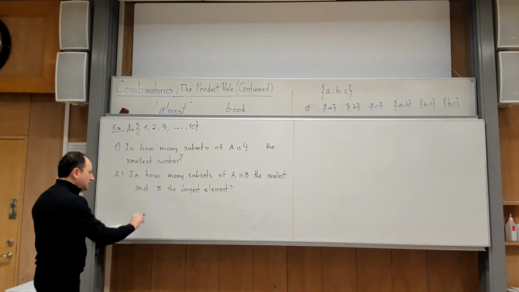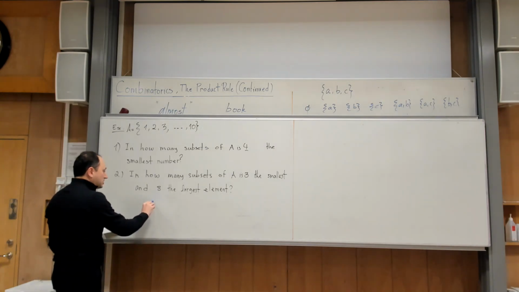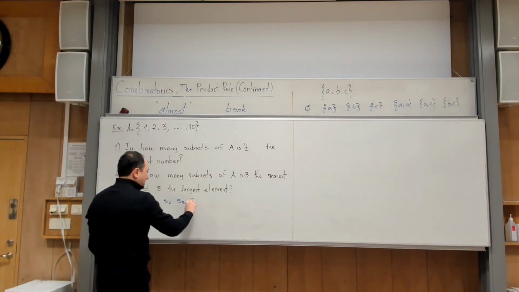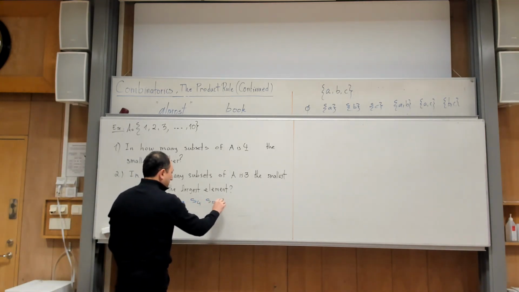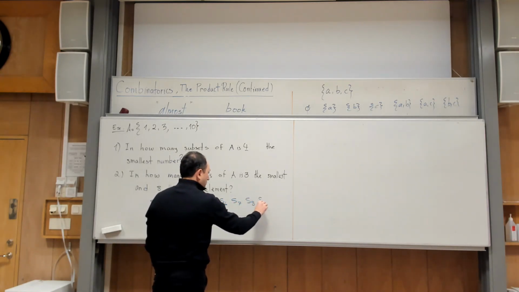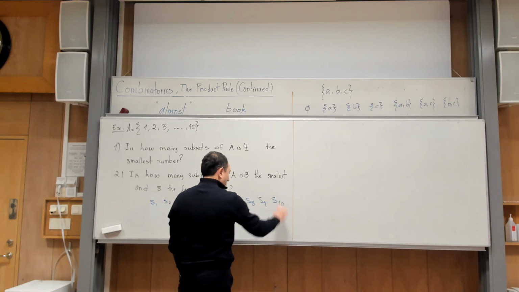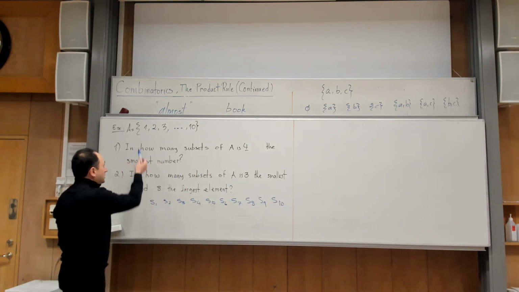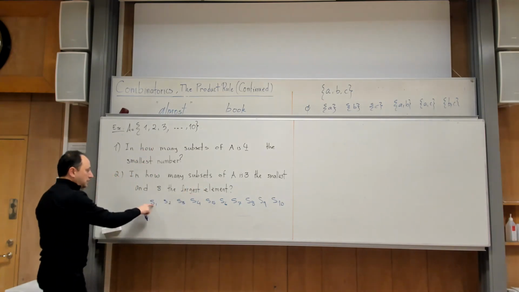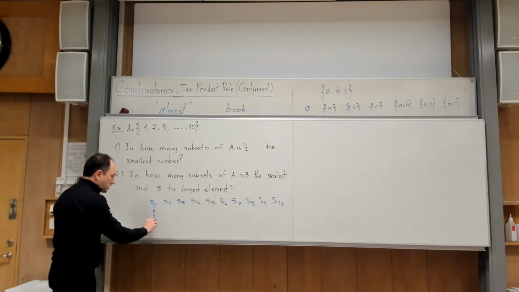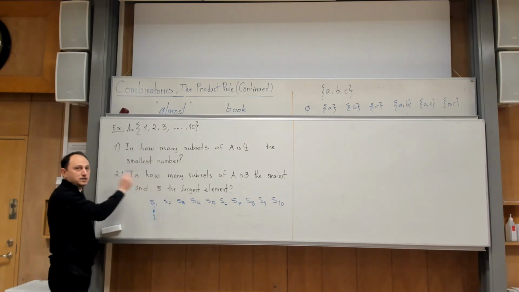So you see, stage number 1, stage number 2, let me write them. Stage number 3, stage number 4, stage number 5, stage number 6, 7, 8. You don't need to write these details, but I just want you to understand it better. So stage number 1, making a decision about 1, stage number 2, making a decision about 2, etc. So how many alternatives do I have for stage number 1? Only 1, because I know that I have to exclude 1.